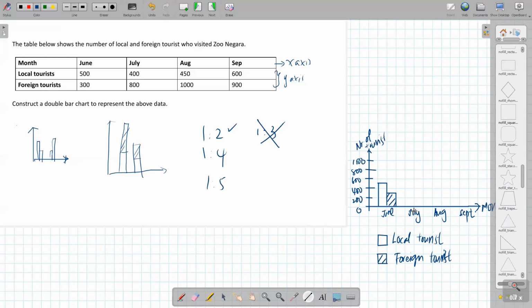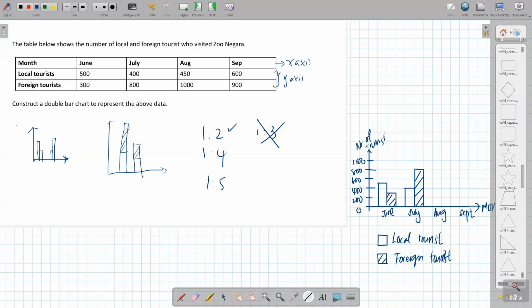Next, July. July, local tourists, 400. And then foreign tourists, 800. So 800 for the foreign tourists, we shade it.